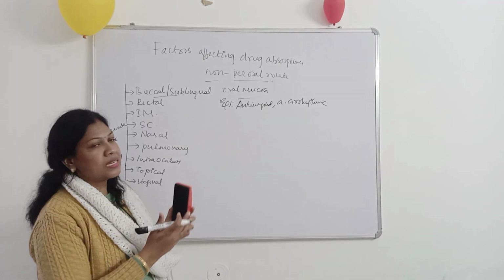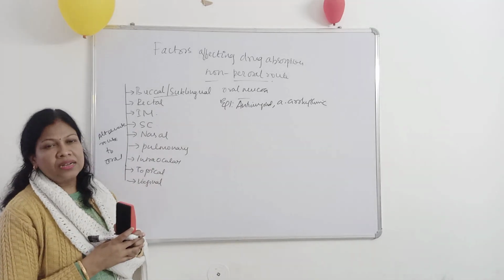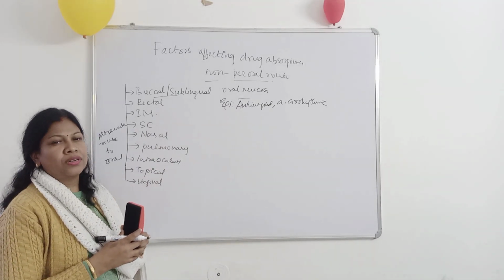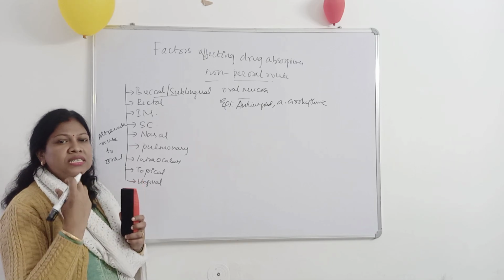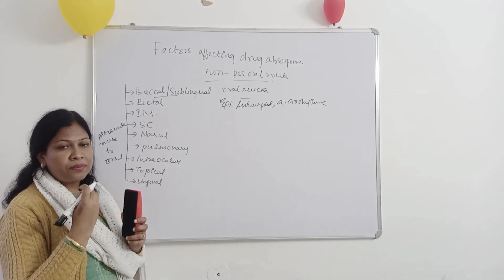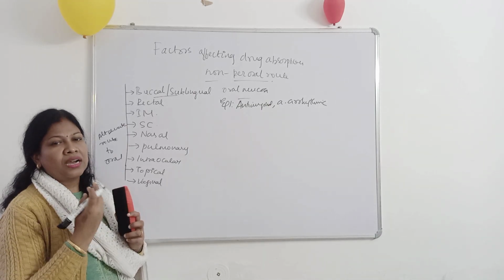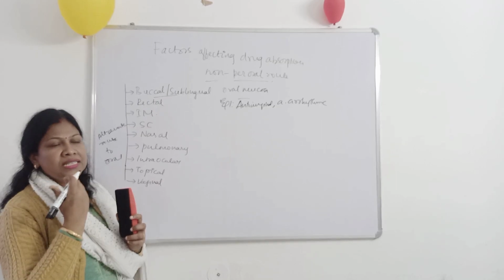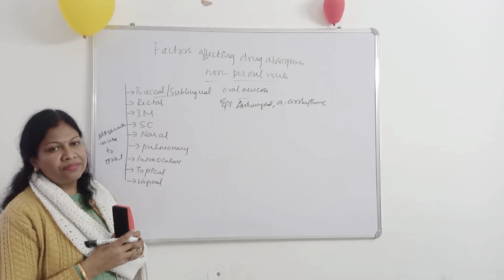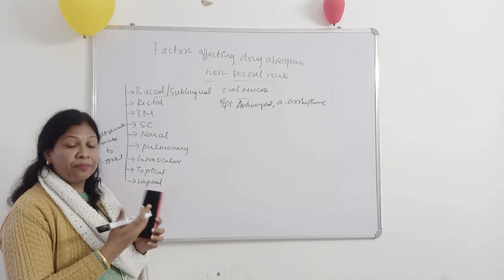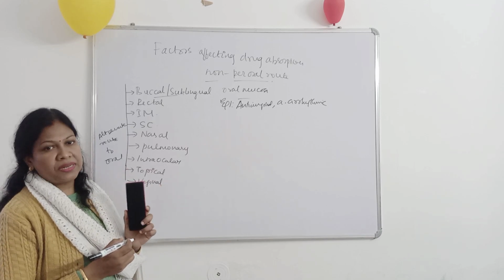Now, what are the factors which will affect the drug absorption through this route? Since passive diffusion is the mechanism, lipophilicity and the ionization constant, apart from that, molecular size, pH of the saliva, and pKa of the drug may affect the absorption through the buccal and sublingual route.